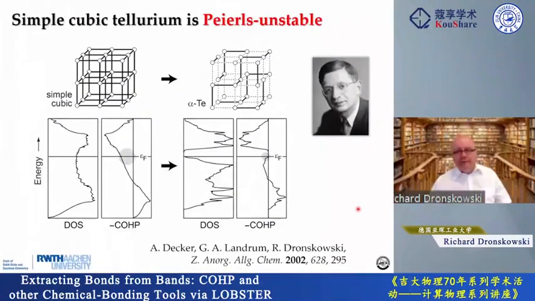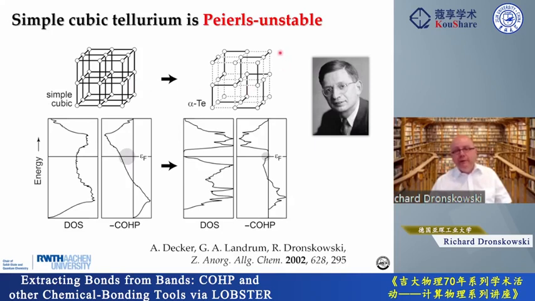This is also another thing done 20 years ago without Lobster. You probably know that the crystal structure of tellurium, which has this strange helical structural component. So you see it's like a chain of tellurium atoms, where every tellurium atom is bonded to two tellurium atoms. And you can easily see the similarity to the simple cubic, the polonium structure, which is the higher homologue.